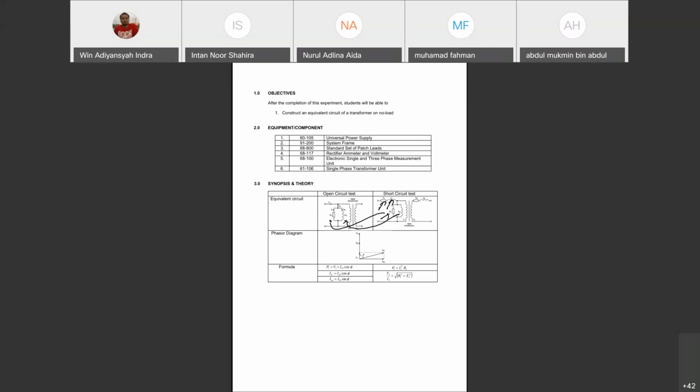I'll go deeper on the slides next week for chapter 3. We'll discuss in detail, especially the exercises. As for now, I think this will be enough because this lab also covers the transformer.